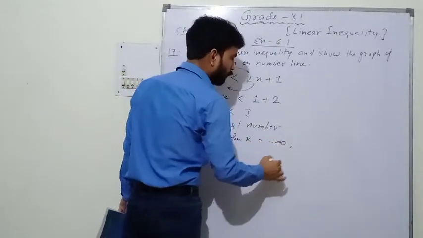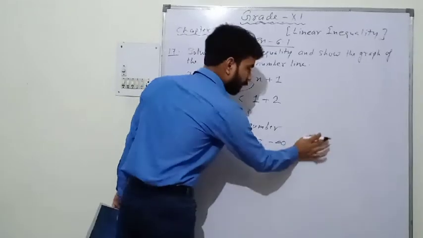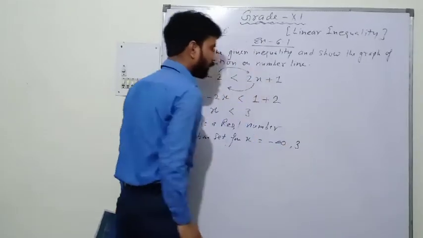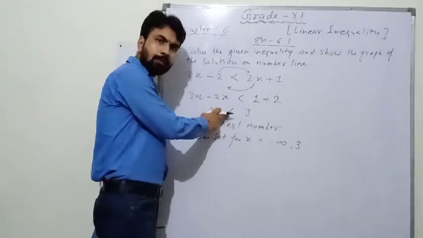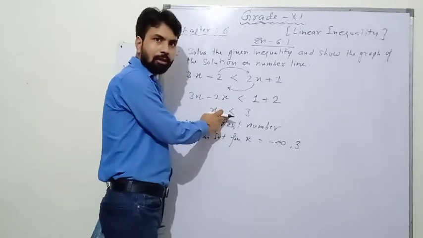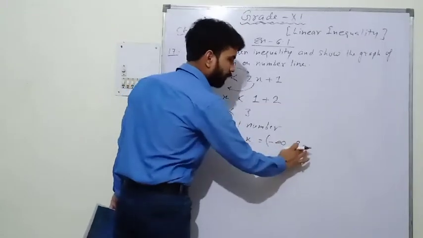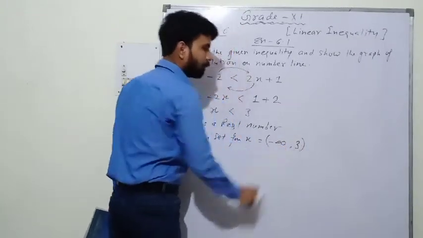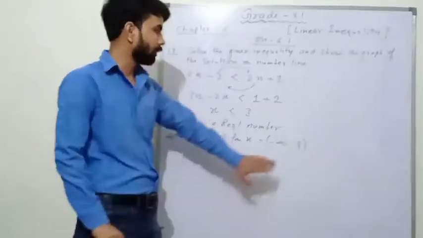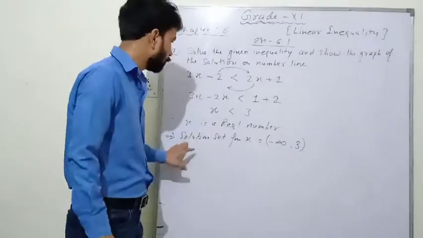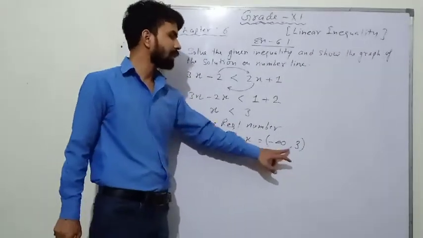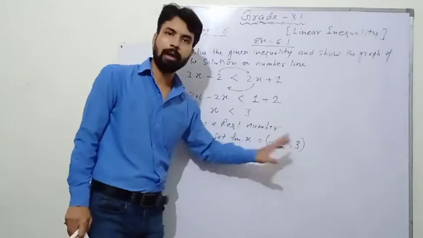Minus infinity to 3, and there is only smaller than symbol, not smaller than equals to, so we will have to put small brackets, means open interval. Understood? So the solution set for x is minus infinity to 3 in small brackets.